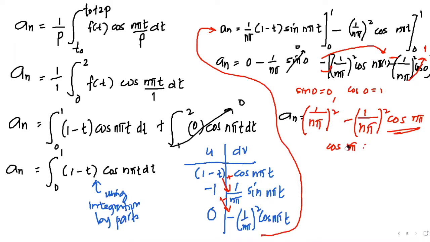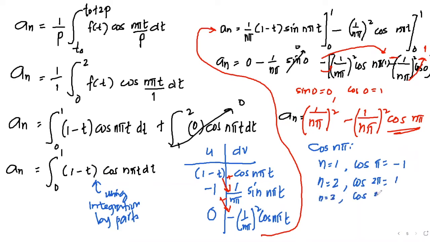Okay, so when n is equal to 1, we have cosine of pi, and the value is negative 1. If n is equal to 2, cosine of 2 pi is equal to positive 1. When n is equal to 3, cosine of 3 pi is equal to negative 1.